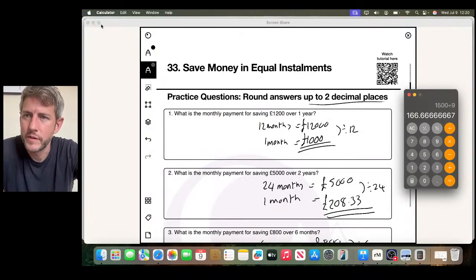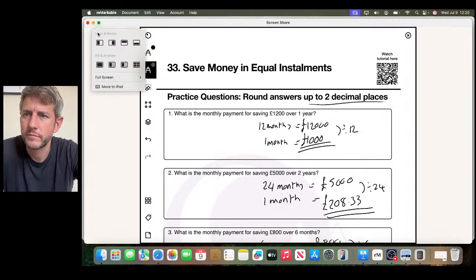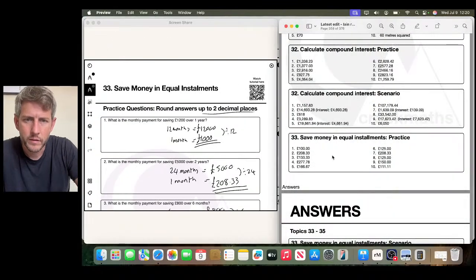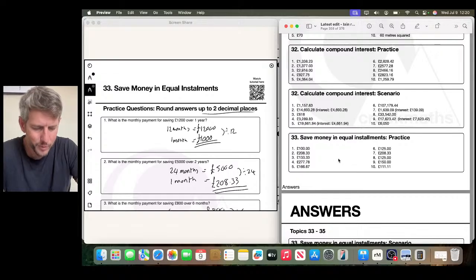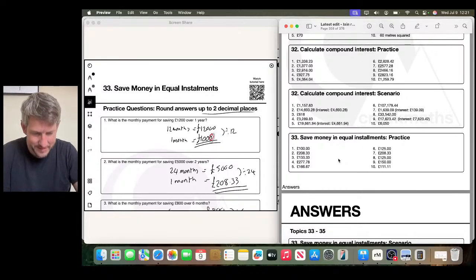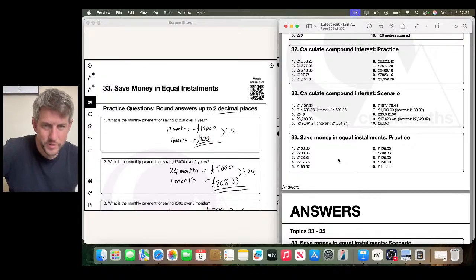So if I just do these here. Oh dear. Oh gosh, yeah, that's 100. I should have used my calculator there. I don't know how I did 1,200. 1 second. 1,200 divided by 12.